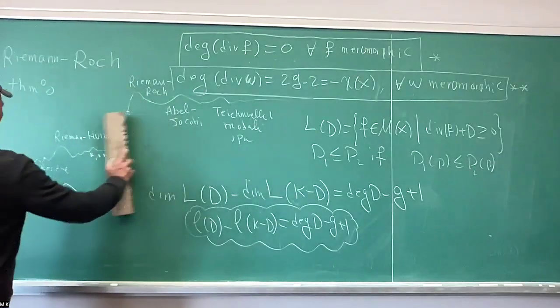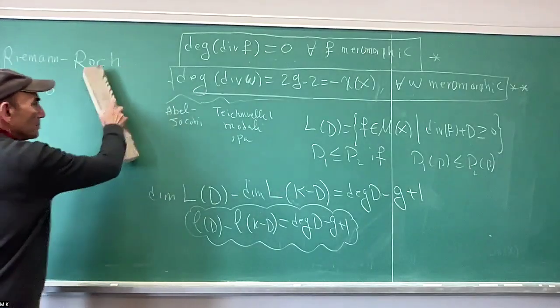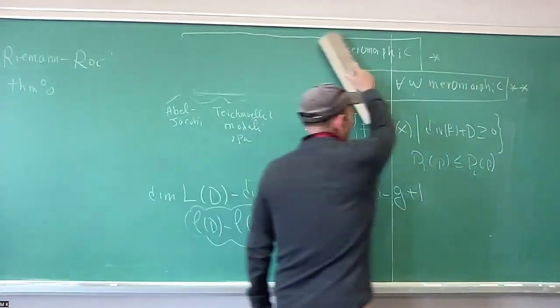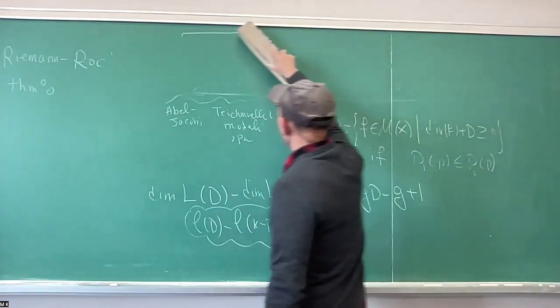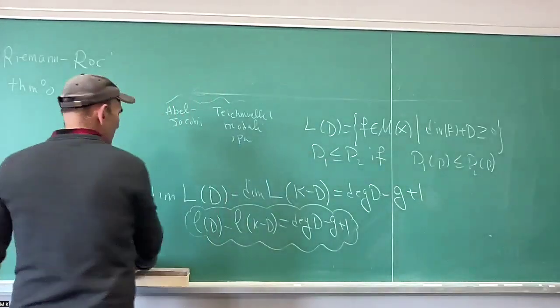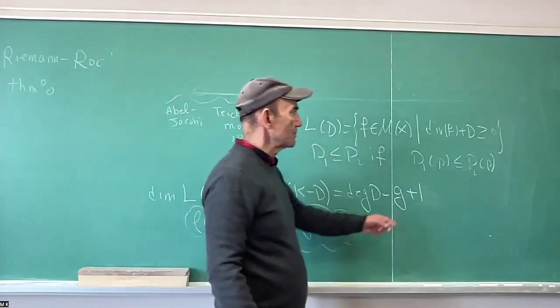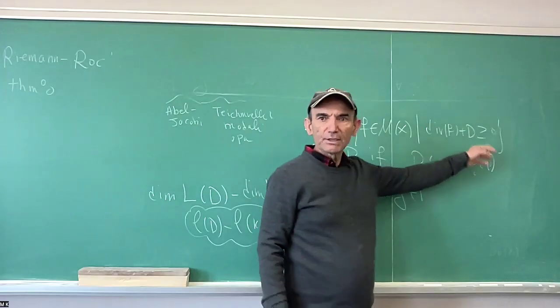Okay, so for L of D, the only points that matter are the points where D has poles and zeros.